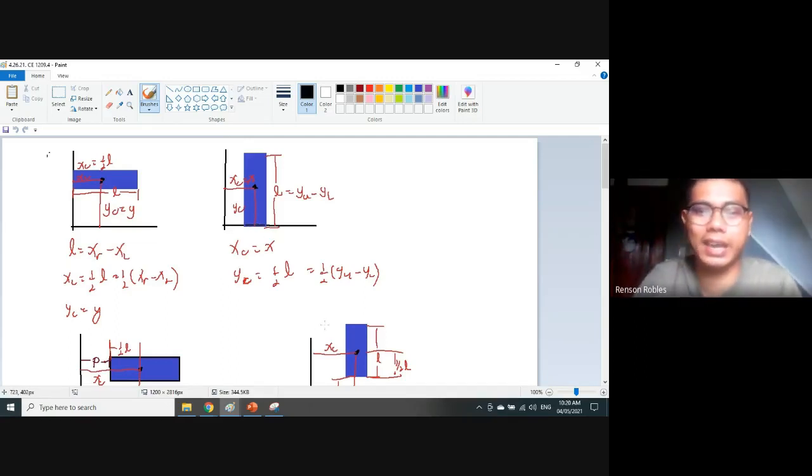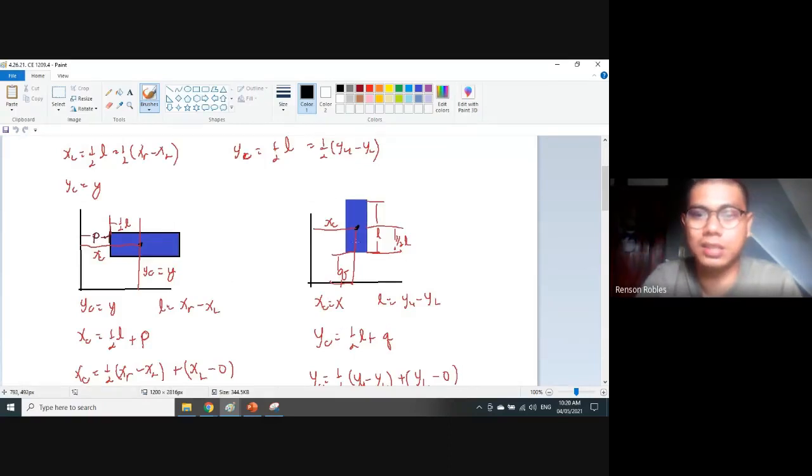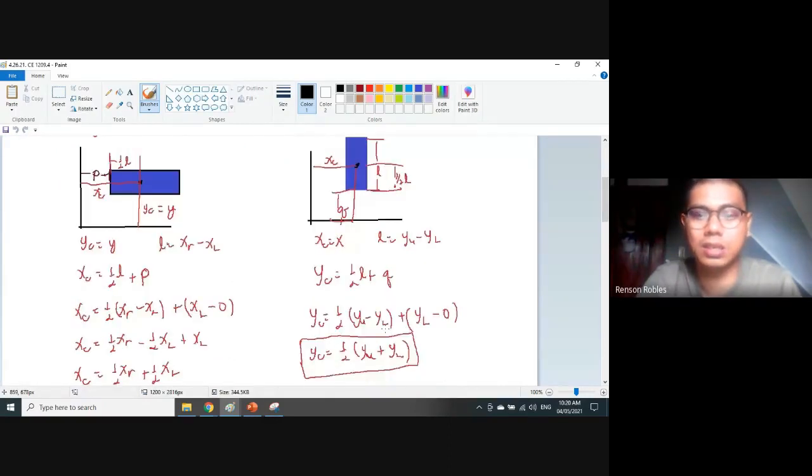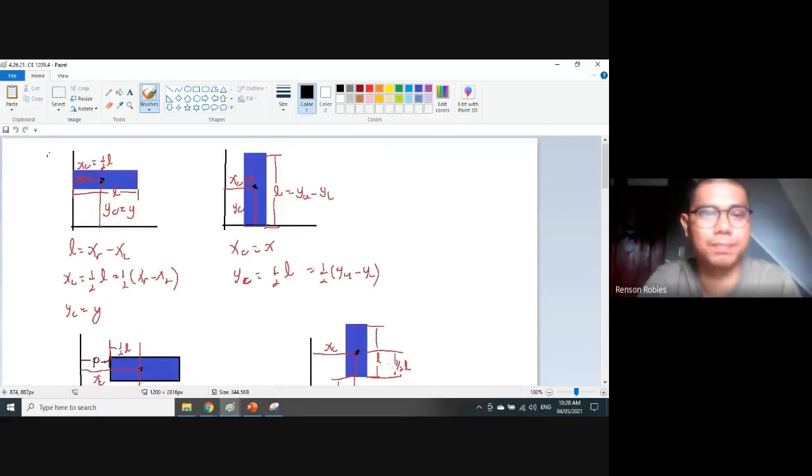Basta ang xc ay x. This is not touching the x-axis. So that's it. X is x. And yc, if it's not touching the x-axis, that's 1/2 of y upper plus y lower. Okay? You recall this theorem, ha? Well, as far as the use of horizontal and vertical elements is concerned in solving for the area and the volume.